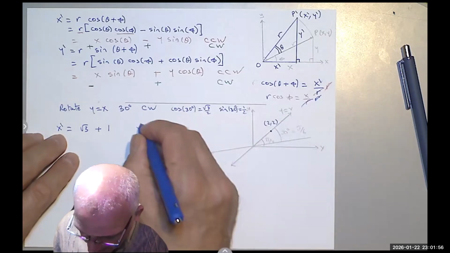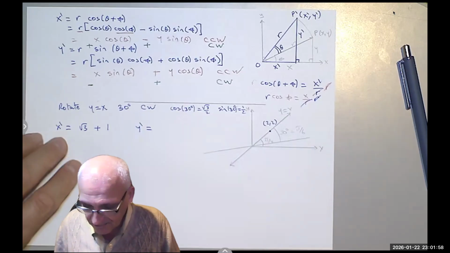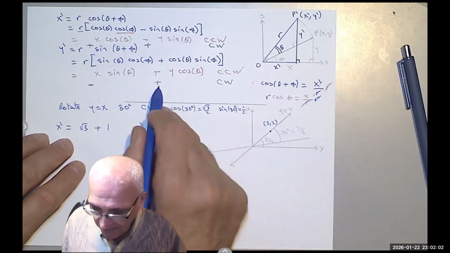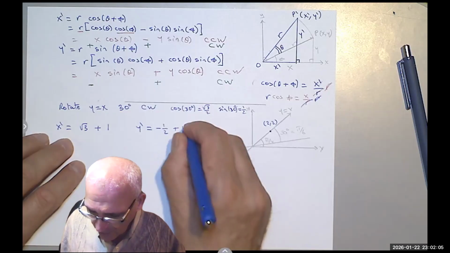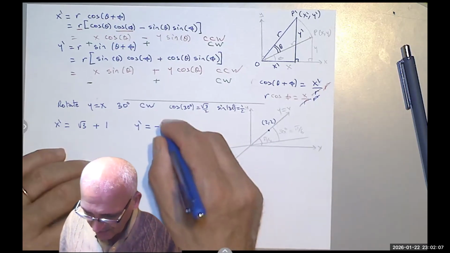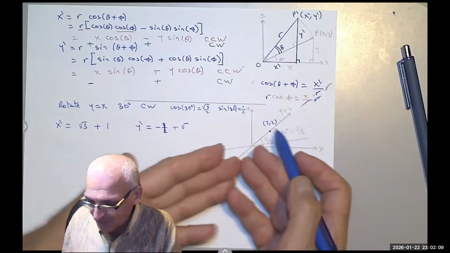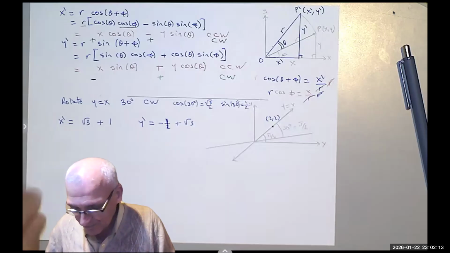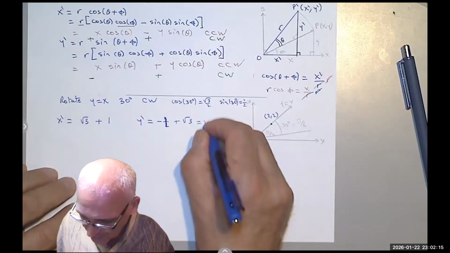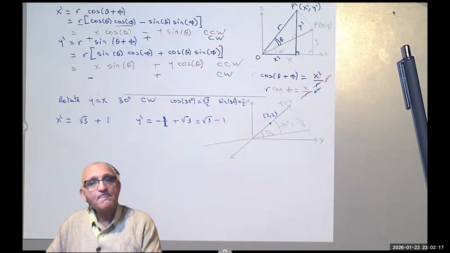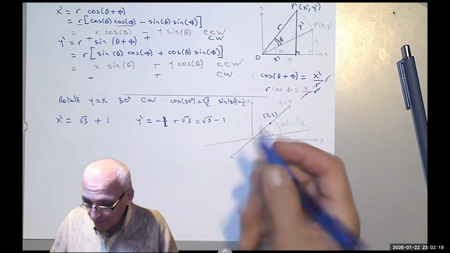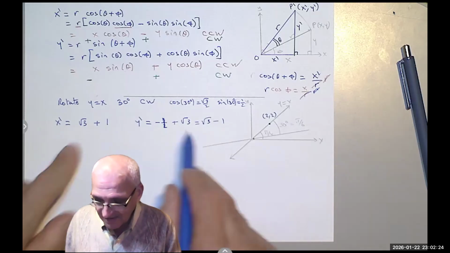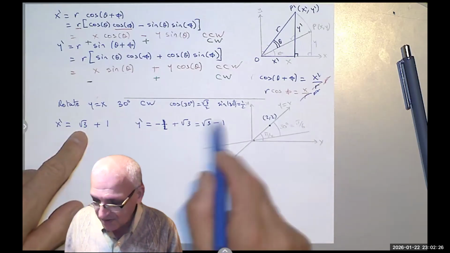And y prime equals negative 1/2 plus root 3. Oh, I'm sorry, negative 1. We multiplied by 2. I picked this so I don't end up with fractions, plus root 3. Or you can write it root 3 minus 1. Okay. So now I have 2 points, the origin, because it's always on the line, and another point, which is root 3 plus 1, root 3 minus 1.